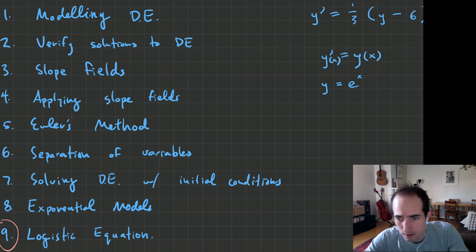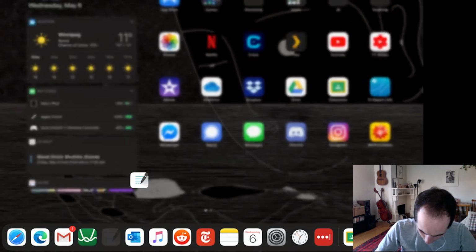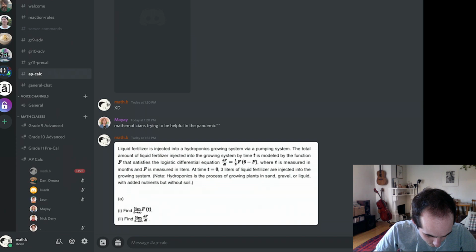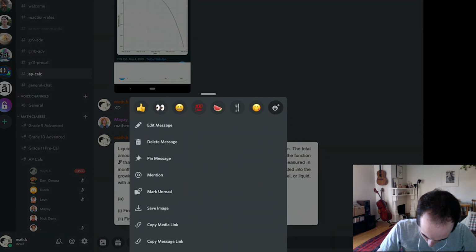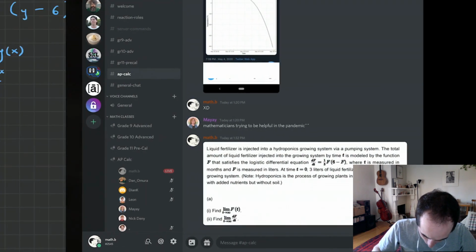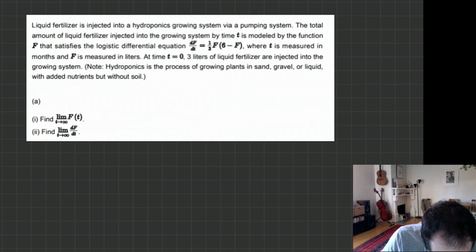I'll paste it in here. I wonder if I can open Discord here, and then there we go. AP Calc. I'll save the image. Isn't Discord handy? Here's the picture. It's a little pixelated, but that's okay.